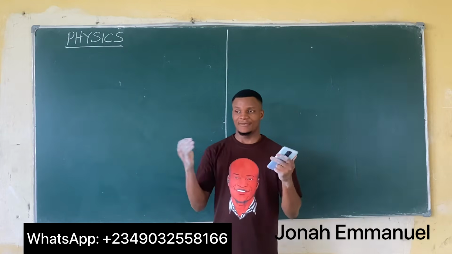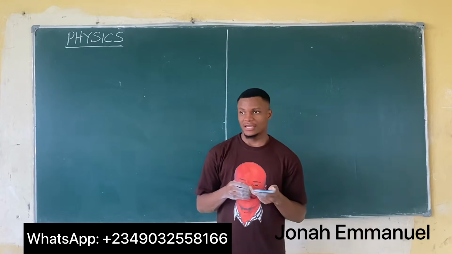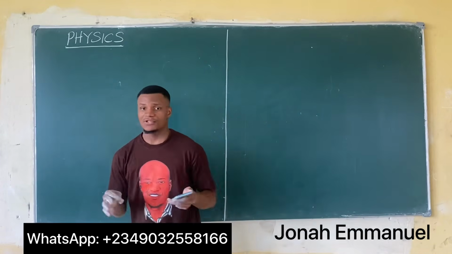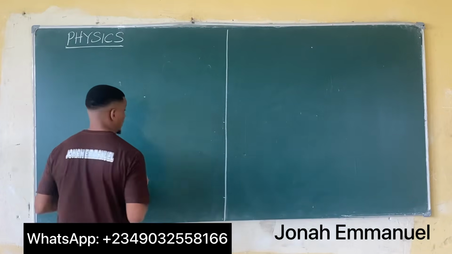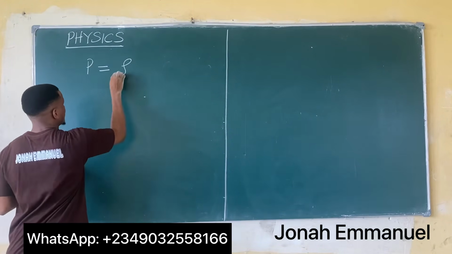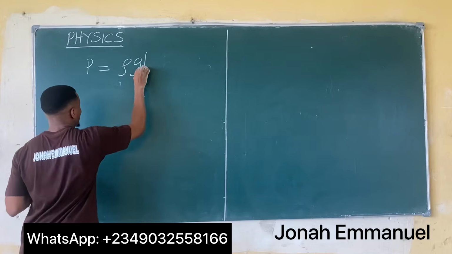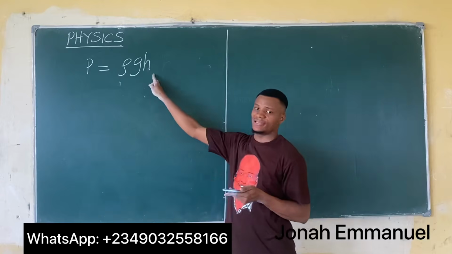To answer this question, you have to look at the units or the formulas of pressure. We just said pressure is equal to density times gravity times height or depth. Height or depth, the same thing.